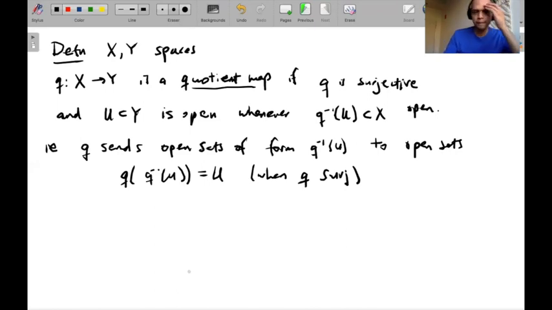So this quotient map condition is saying something about how Q behaves on open sets.